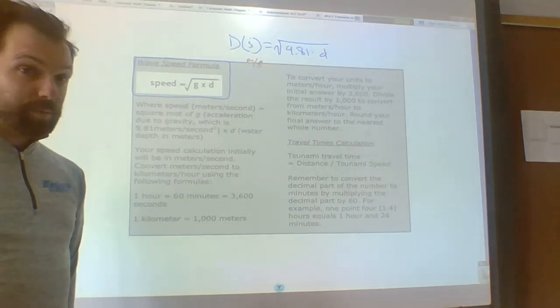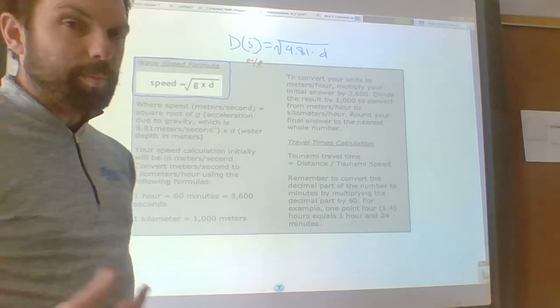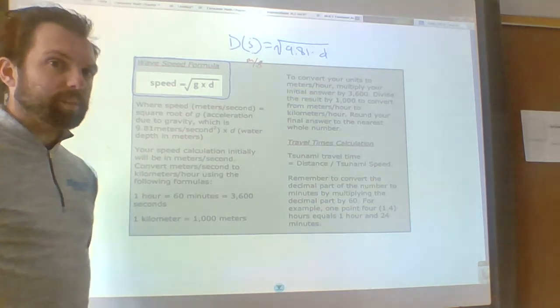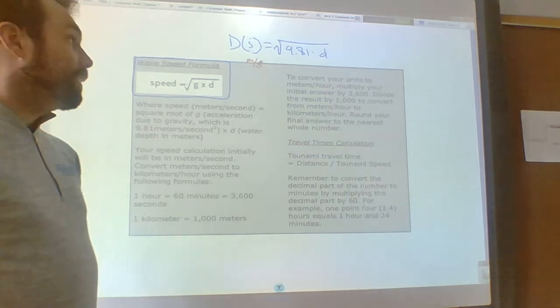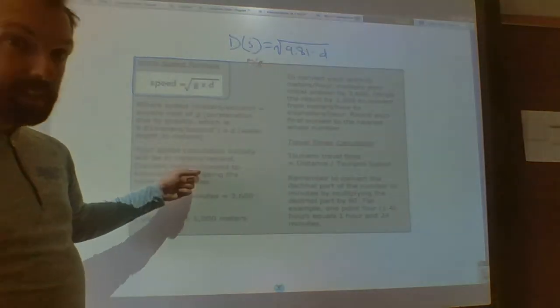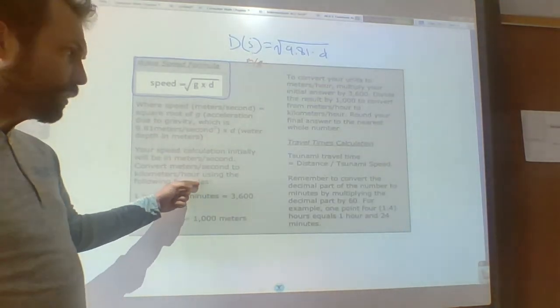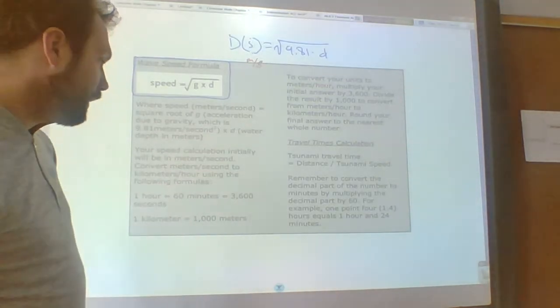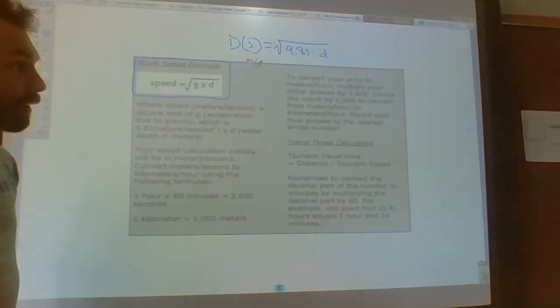Maybe it sounds really fast, but typically miles per hour might be a more useful way to talk about how fast something is moving. So later on, we will be converting this not to miles per hour, but to kilometers per hour, a slightly more usable unit of measurement. So there's a couple conversions in here.